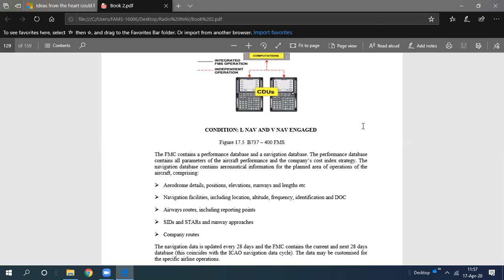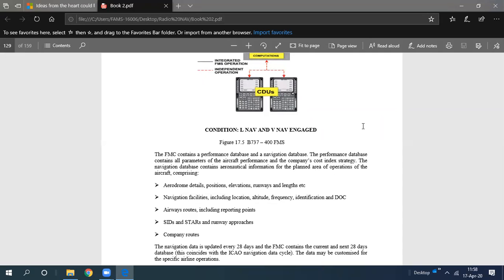This is called the navigation database, and there is something known as a temporary database also, which the pilot and the co-pilot can enter. You can enter information, especially if you are parked at a particular location at the aerodrome, say bay number 17. This information is normally not available, but it is available once the aircraft is parked at a particular location. So this is called the temporary database.